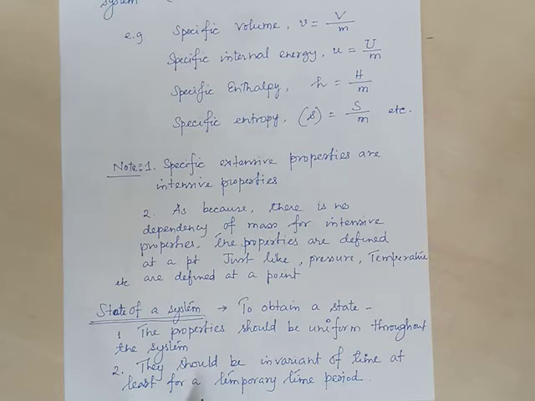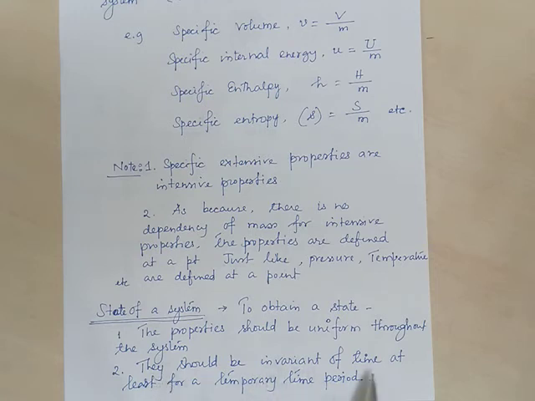Depending on the behavior of some average molecules, the properties are studied and the average values of the properties are taken. That is why the average values of the properties should be uniform throughout the system to define a state.